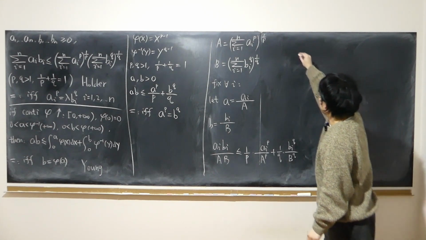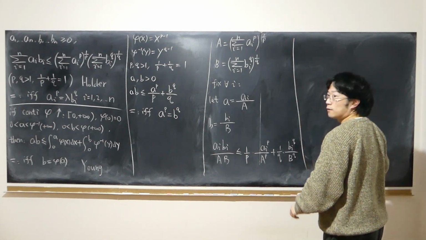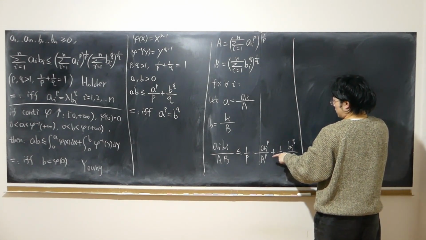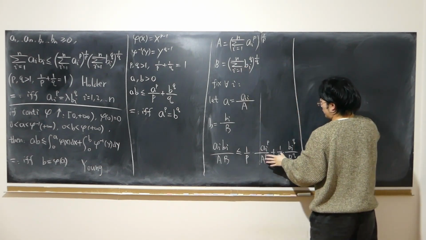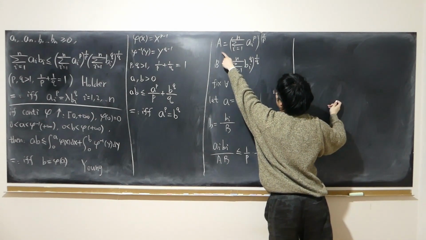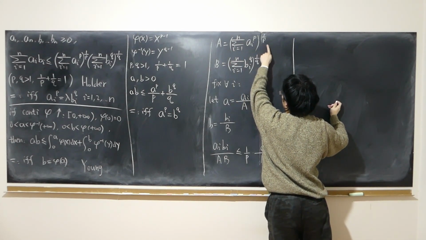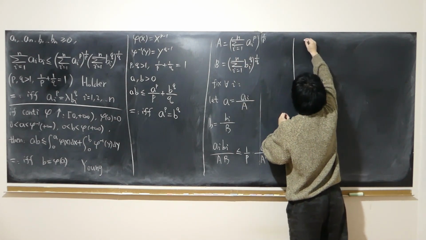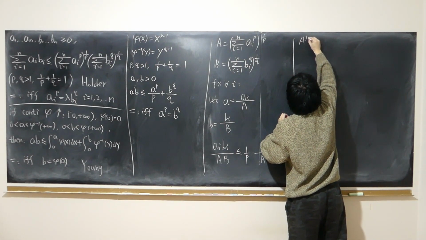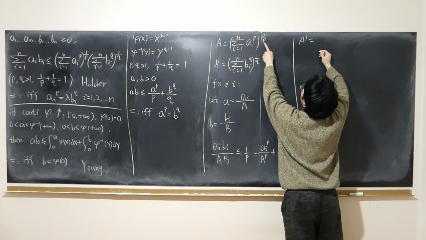And also, notice that A to the power of p, like I said, A is equal to this sum to the power of 1 over p, right? So in other words, A to the power of p, right? p and 1 over p cancel out.